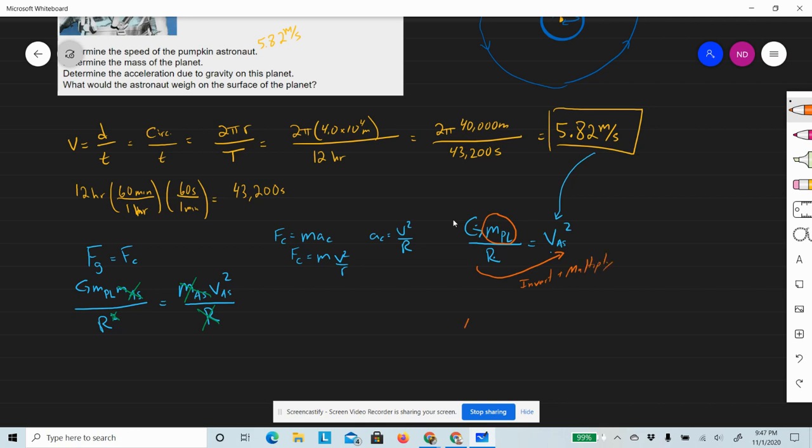So we're going to get the mass of the planet to be equal to the velocity squared multiplied by r divided by G. So 5.82 meters per second squared times the separation, which was 40,000 meters, divided by G, 6.6.